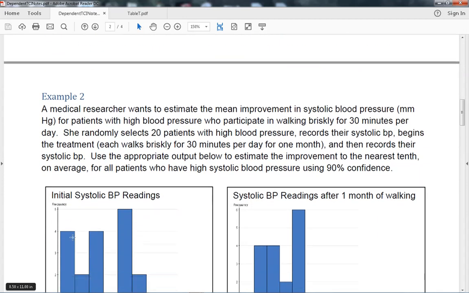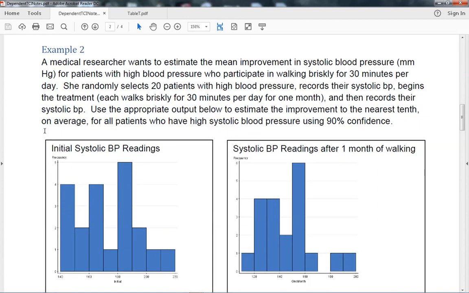Let's look at another example. Suppose a medical researcher wants to estimate the mean improvement in systolic blood pressure, measured in millimeters of mercury, for patients who have high blood pressure and who could walk briskly for 30 minutes per day. So she randomly selects 20 patients who have high blood pressure. She records their systolic blood pressure before they start the activity.